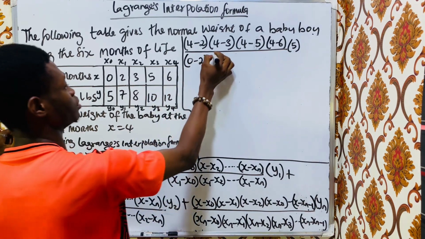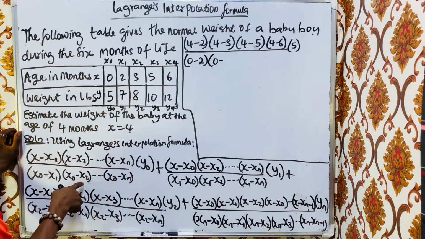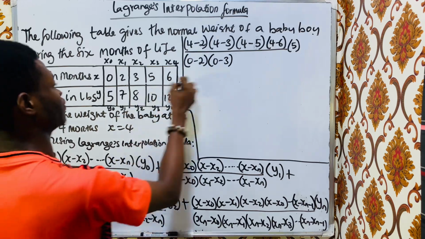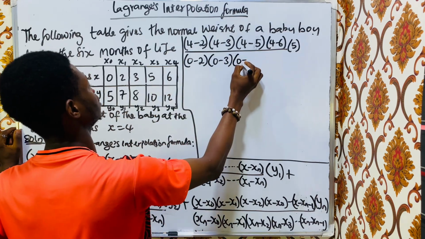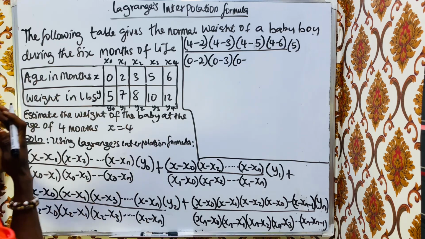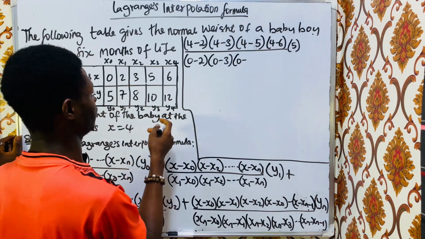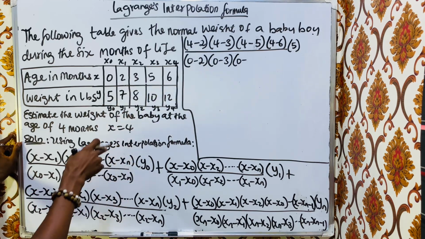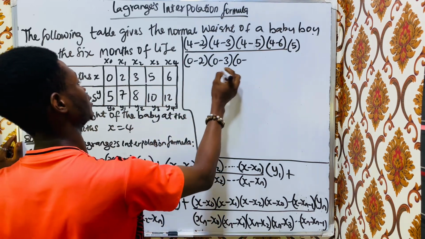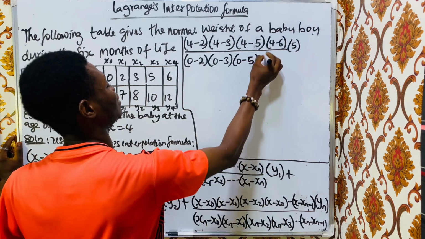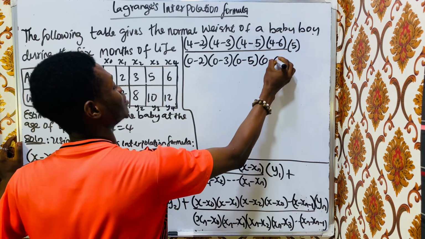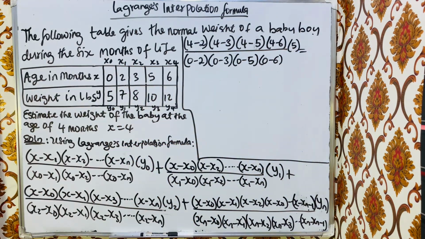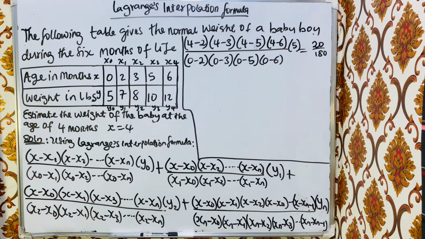Then 0 minus x2, x2 is 3. Then 0 minus x3, x3 is 5. Then 0 minus x4, which is 6. So if you do this well, you are going to get this value.